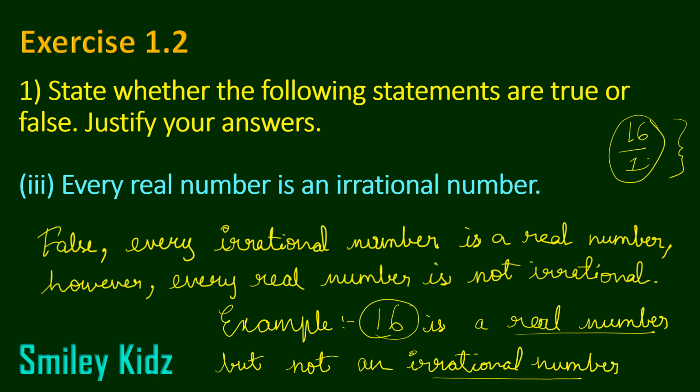Because 16 can be expressed in the form of p by q, right? So it is a rational number but not an irrational number. Therefore, this statement is false. Every real number is not an irrational number, but every irrational number can be a real number.